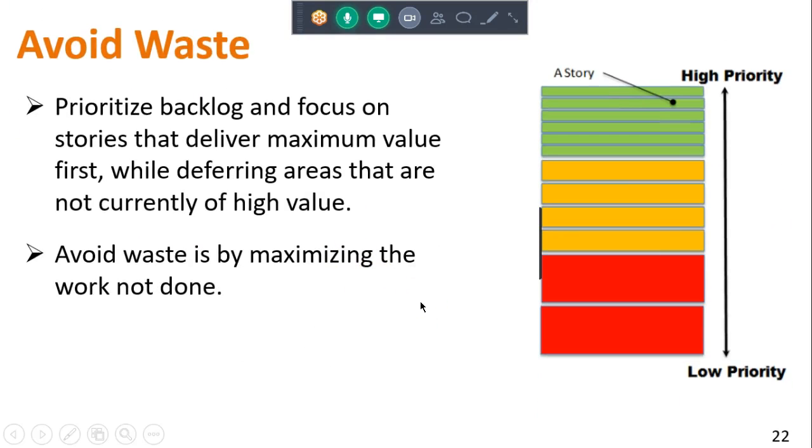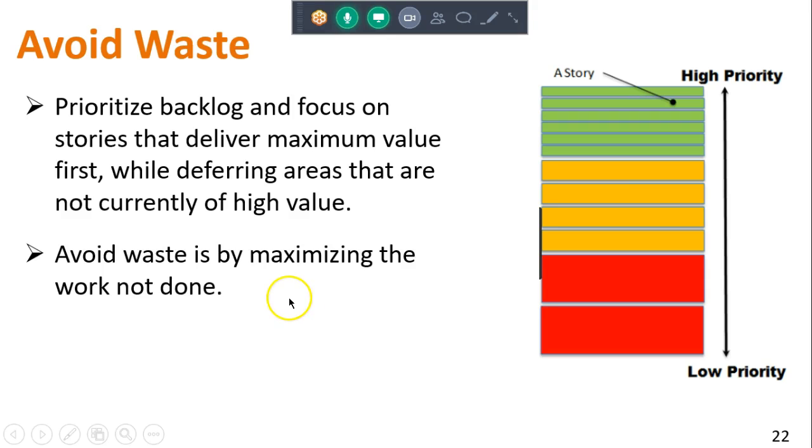Avoid waste. One of the things that I did mention on this is that if you have a well prioritized backlog and you have the appropriate level of detail in your backlog, it does promote the avoidance of waste. Doing things too early, getting too much detail for low priority items causes the potential for rework.